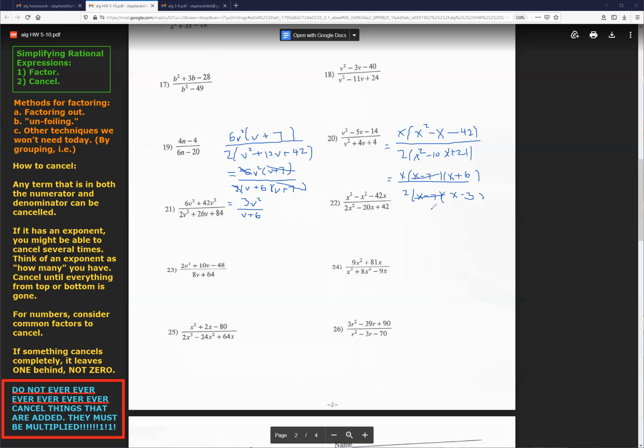Nothing else cancels. So it's x times x plus 6 over 2 times x minus 3. And so this is 21, and this is 22. We are not going to have enough space for all of these, so we will obviously need to start writing in the margins for the last couple.